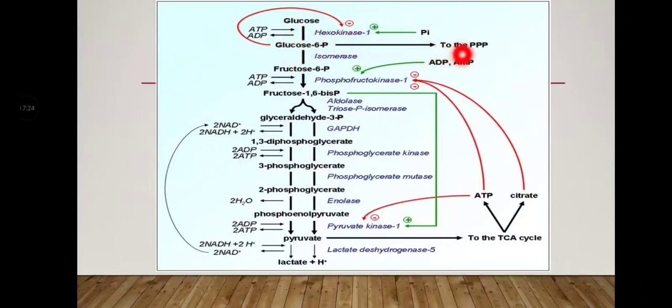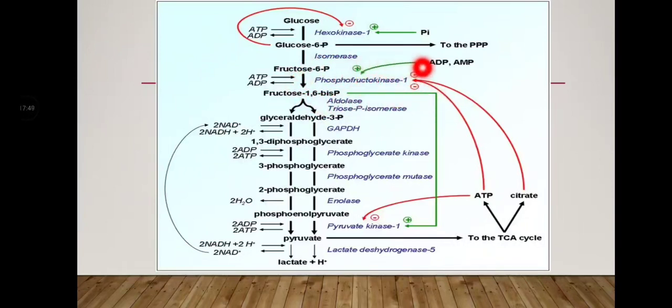This can also go into the pentose phosphate pathway, another pathway that we'll look at on its own. Then you come to the main regulatory step, which is the conversion of fructose 6-phosphate to fructose 1,6 bisphosphate, catalyzed by the enzyme phosphofructokinase 1.